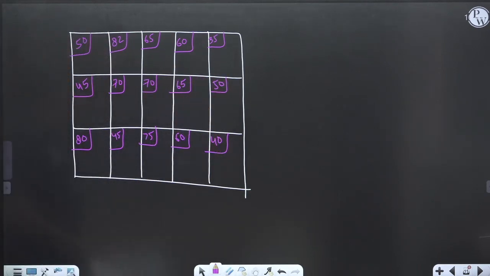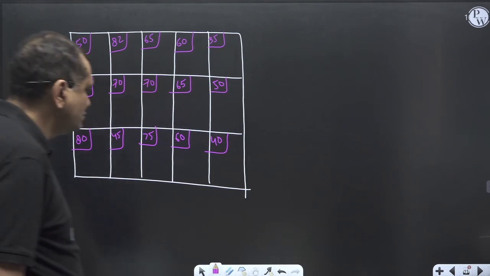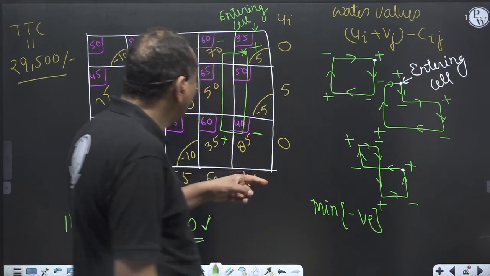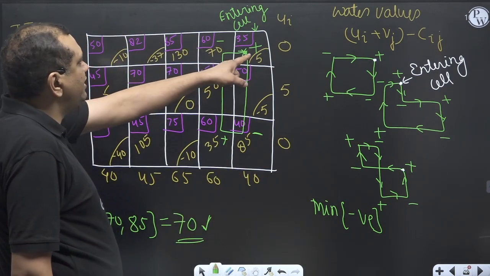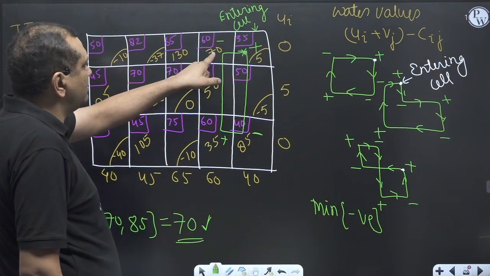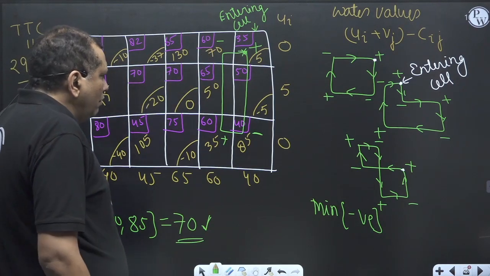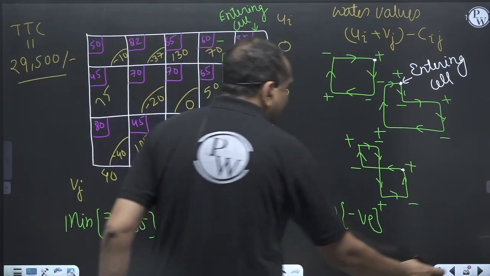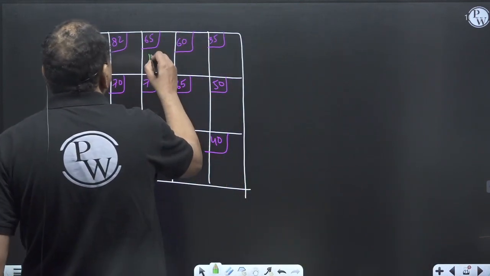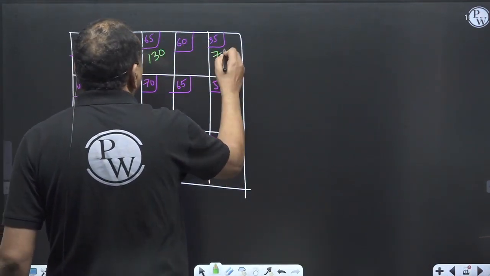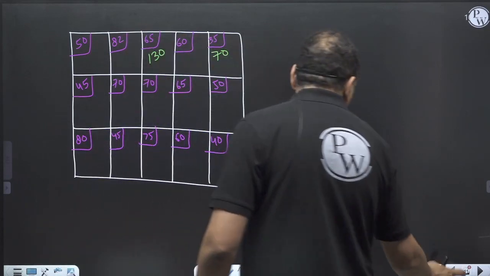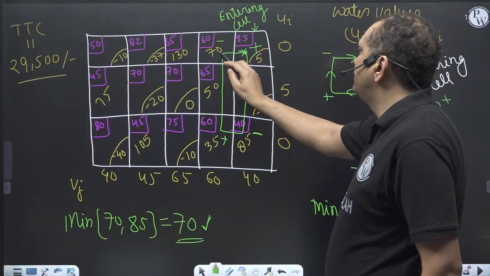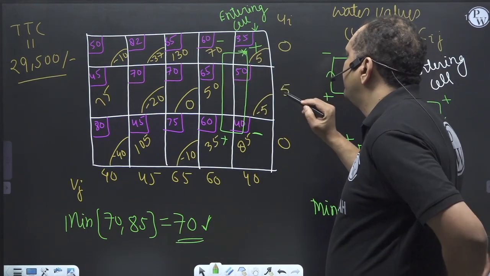So now, 70 I will add here and subtract from here. So this cell will be a non-occupying cell. So there will not be any change in 130. And here the 70 will come. No change here. A non-occupying 70 will come here.